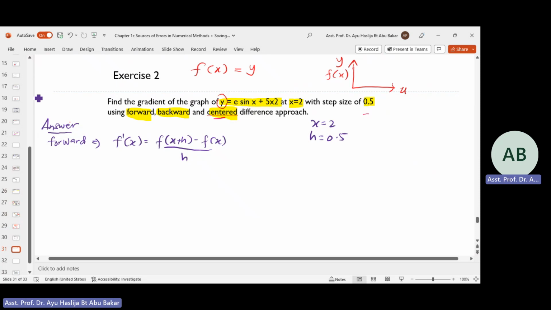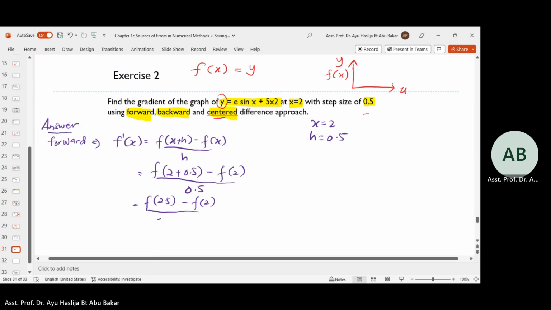Now we want to find for forward: f(2 plus h) minus f(2) over 0.5. So now you need to find out what is f(2.5) and f(2). How to calculate f(2.5)? Using this equation.